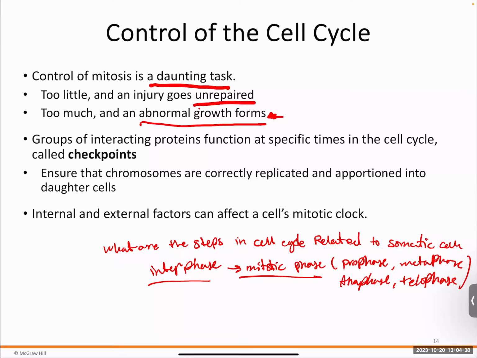One of the most important things to focus on is making sure that the chromosomal information has been replicated correctly and then divided equally between the two cells. There are both internal and external factors that can affect the mitotic clock, again, how fast or how slow that cell cycle takes place.